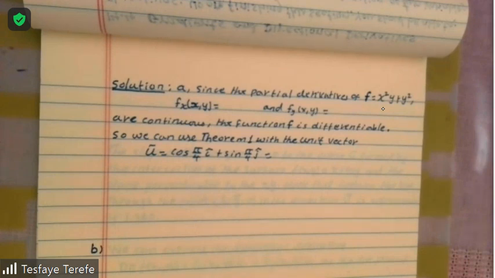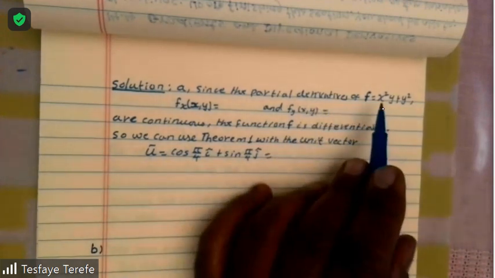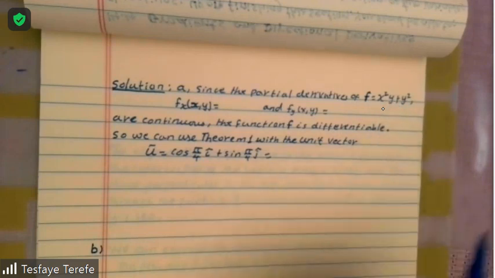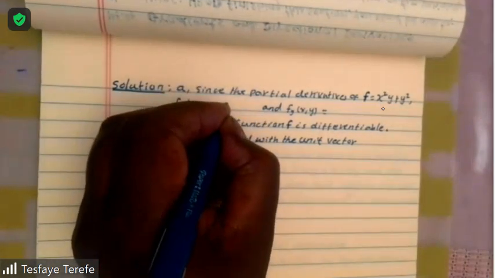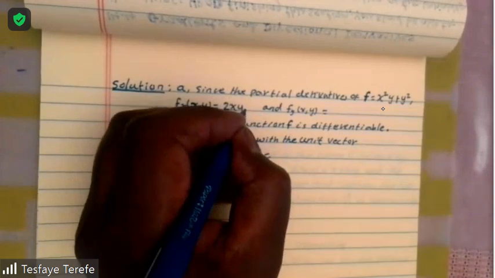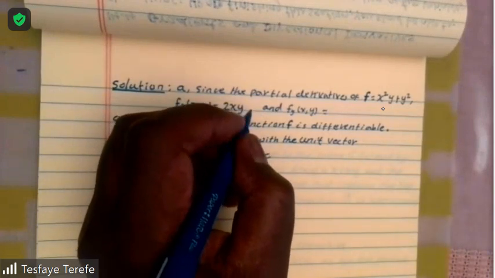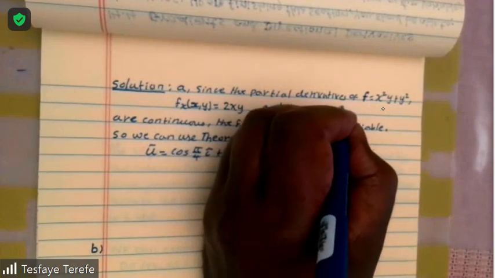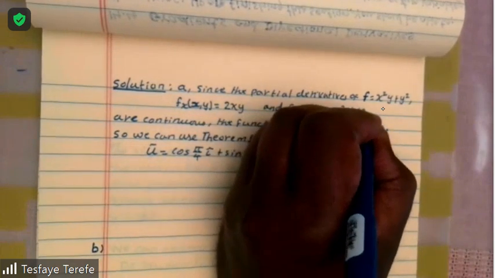That is our focus now. If we get those partial derivatives, then we can really move forward. The partial derivative with respect to x, y is constant, so it will be 2xy. And the partial derivative with respect to y, x squared times 1 is x squared, plus 2y.